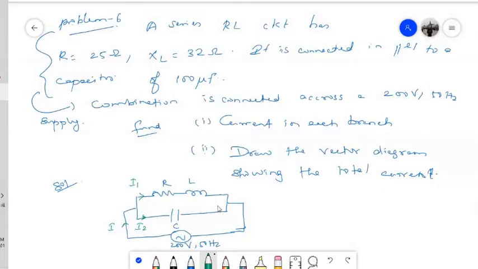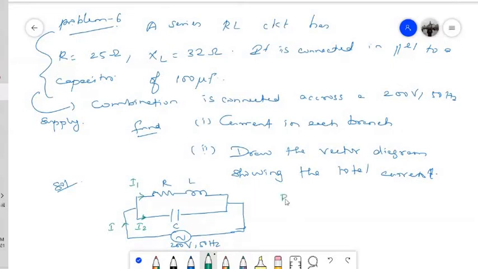First of all, let us try to find the current I1. To find that, we already know the supply voltage, but we must know the impedance of this branch. By dividing the supply voltage by the impedance, we will be able to get the current I1.